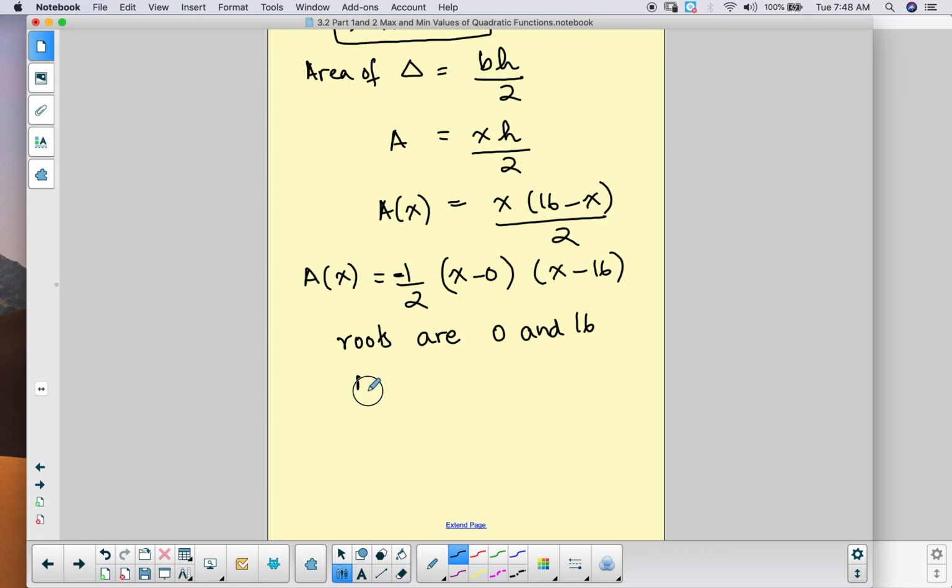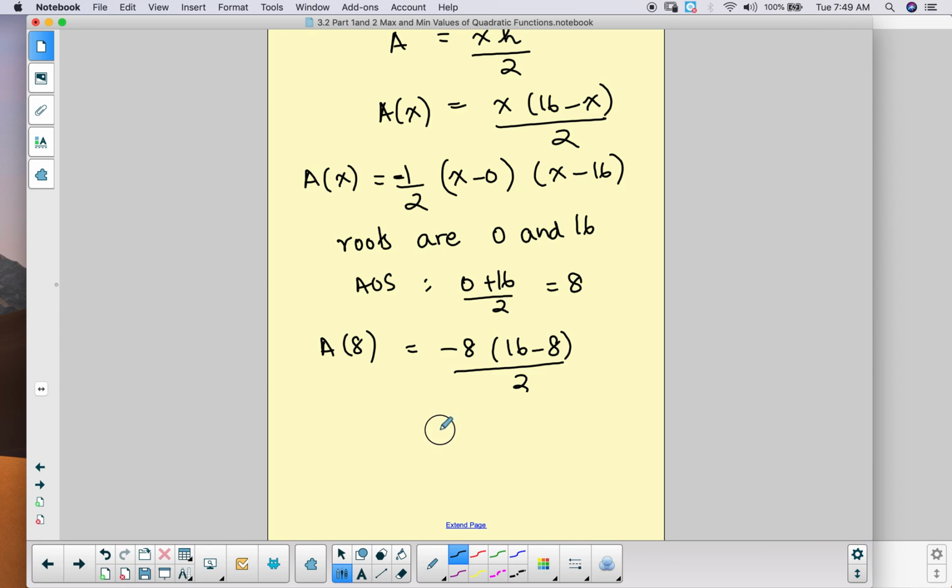So the axis of symmetry is the average of 0 and 16. That's going to be 8. And the area at 8 is going to be negative of 8 times 16 minus 8 divided by 2.